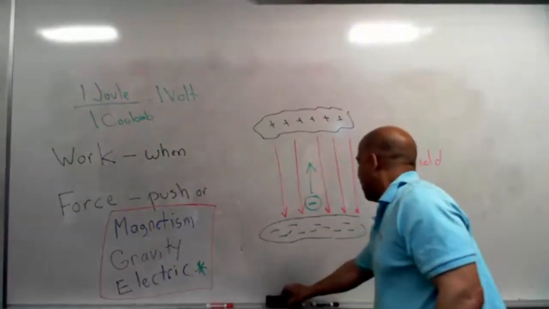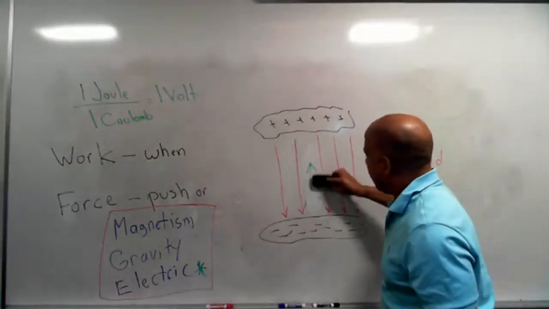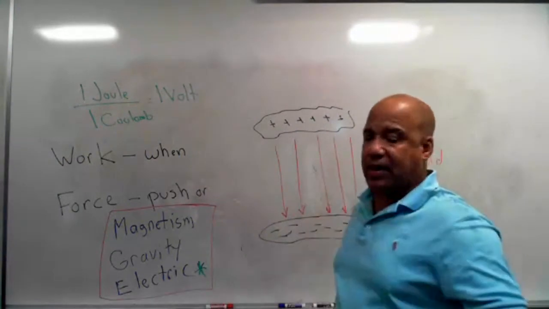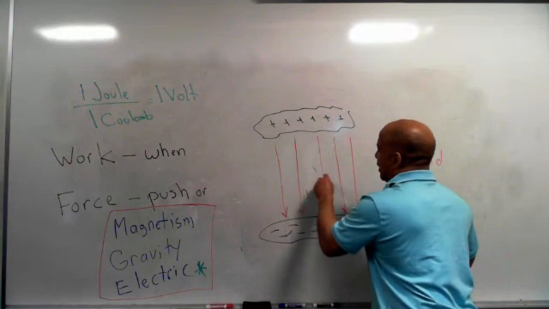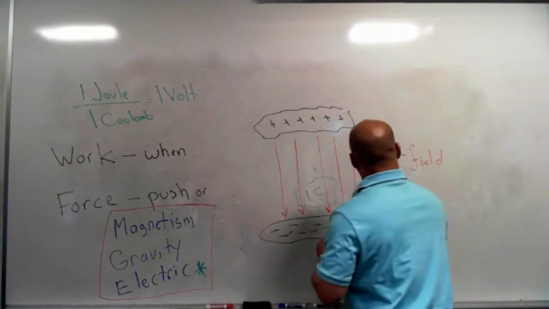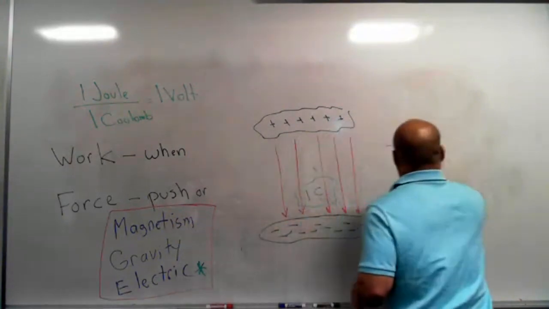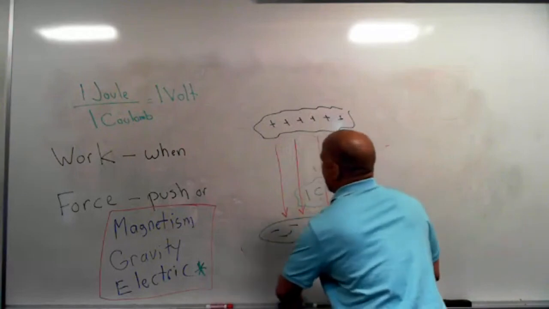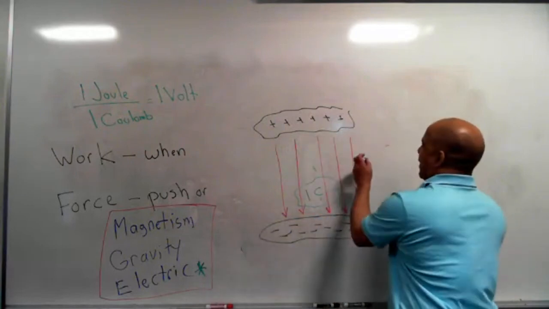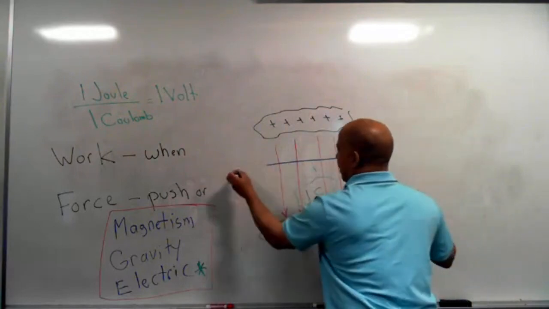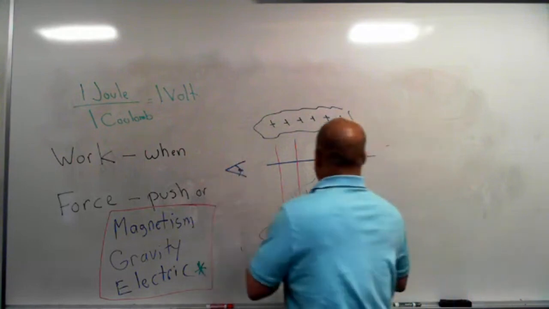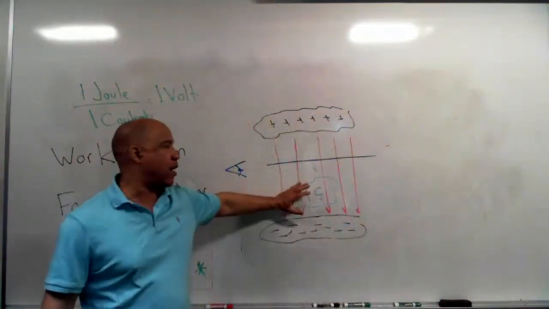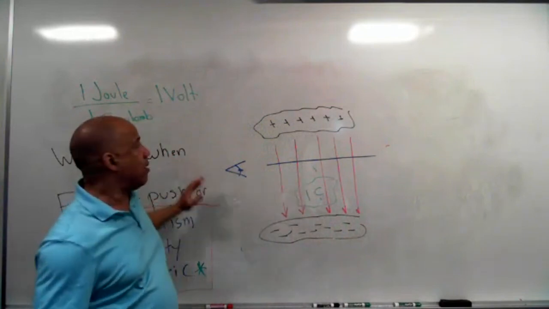So let me go back to this, because I had just one electron there. Now I'm going to put a whole bunch here. I'm going to put 1 coulomb of electrons here, and a line right here. This is like a finish line, and here's your eyeball. I'm holding that charge, and I let it go.